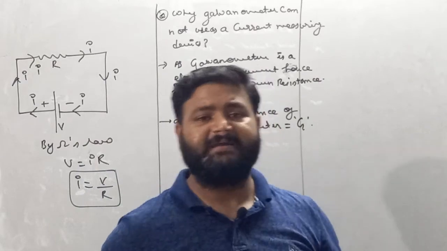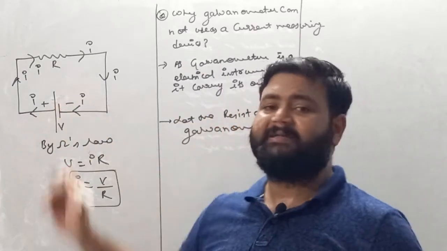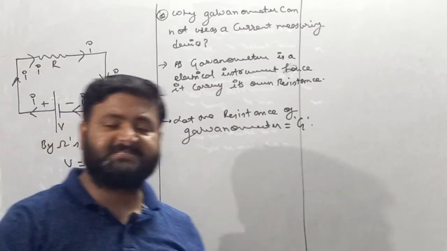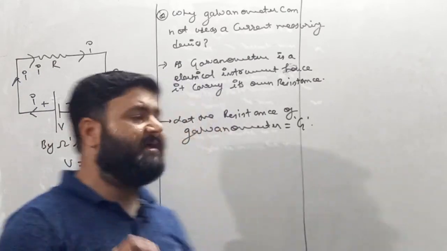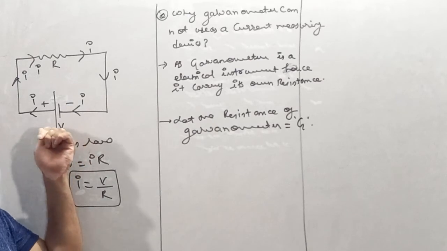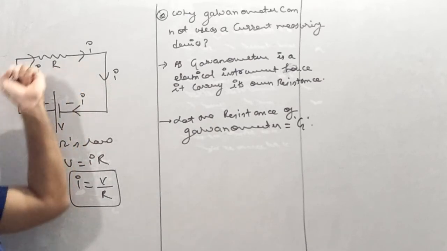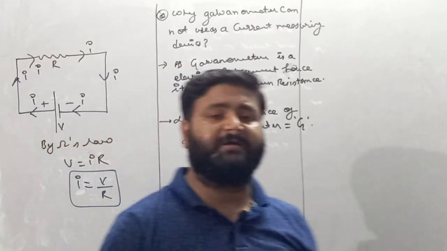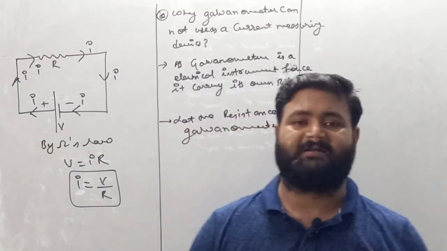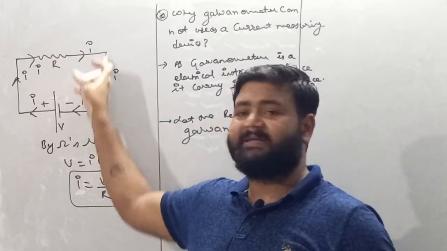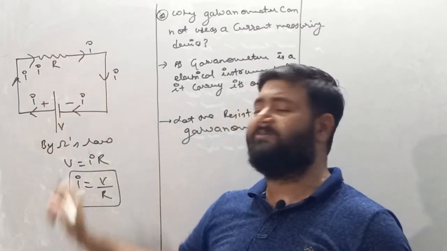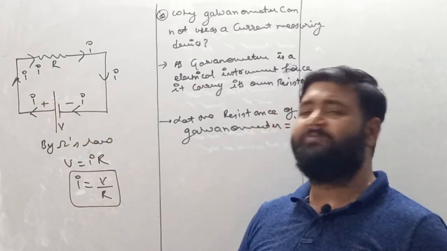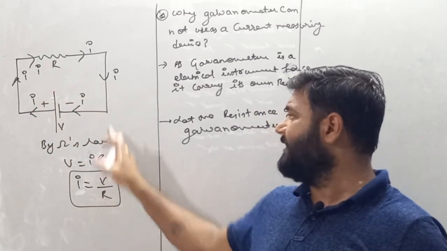So we'll say in this circuit in which a battery and a resistor are present, the resistance of the resistor is R and the potential of the battery is V. This resistor can draw I current from this battery, and the value of current by Ohm's law, V equals IR. So in this circuit, I, which equals V by R, this amount of current is flowing.